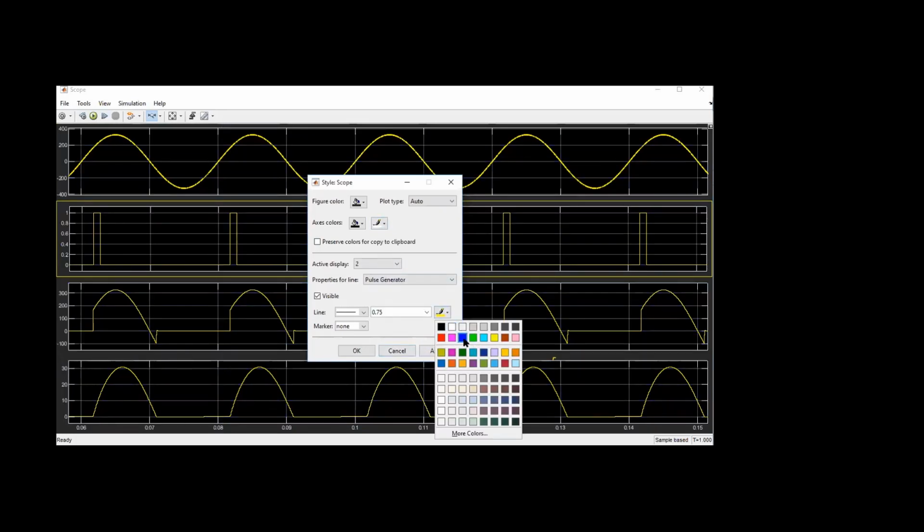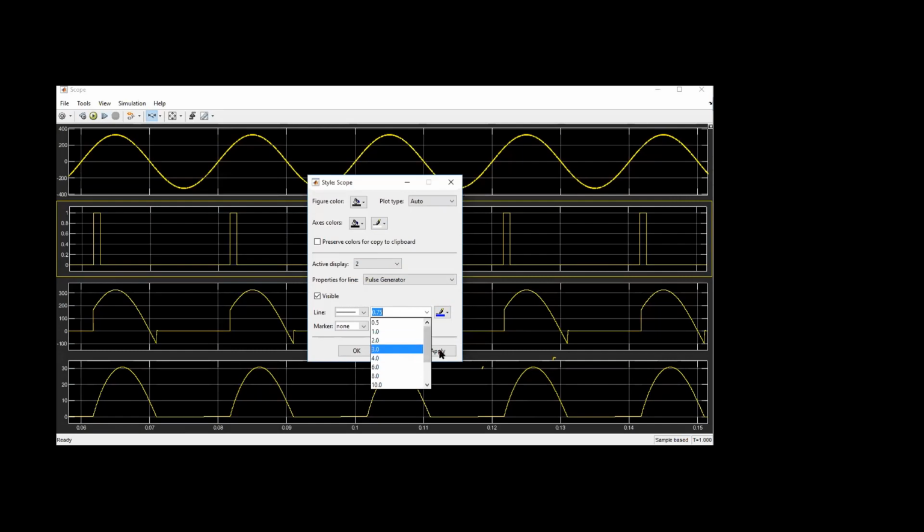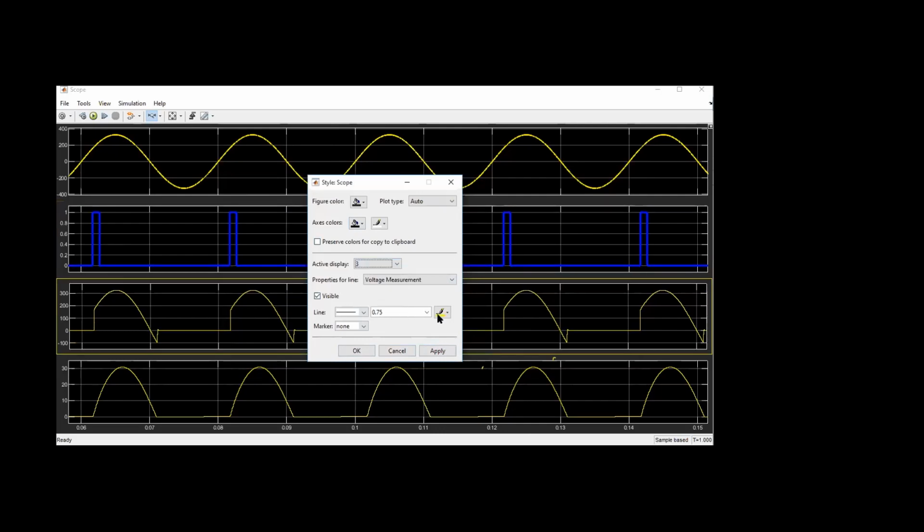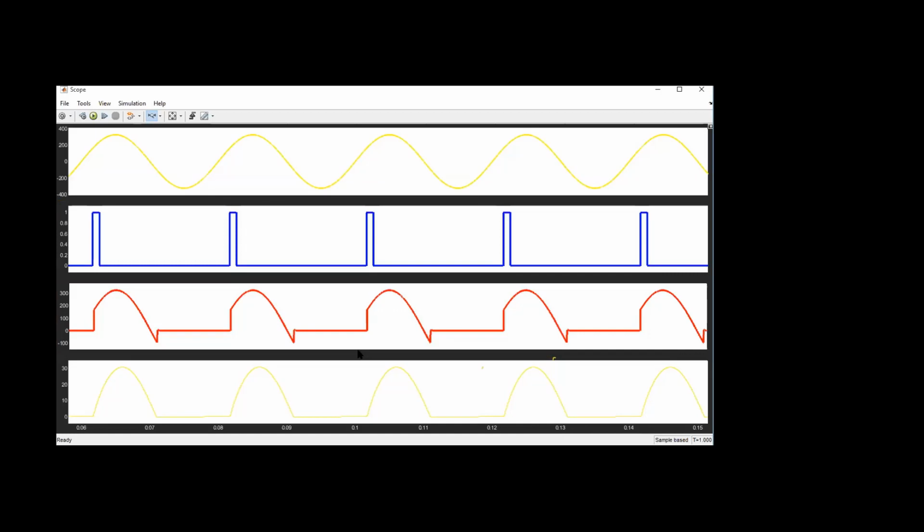Instead of this, you understood, the third waveform is changed to blue, and I am now changing it to another color. Even the background can be changed. If you want a black or white background, you can apply it, it's up to you.